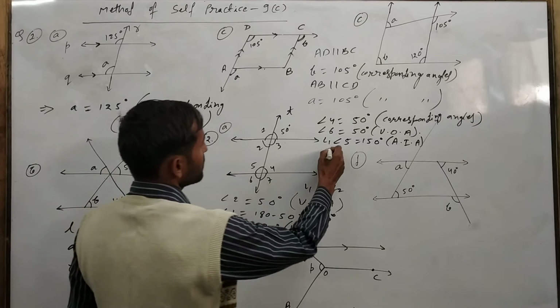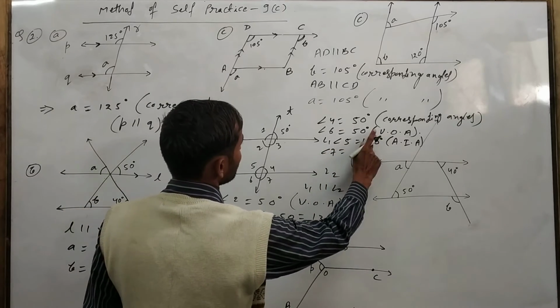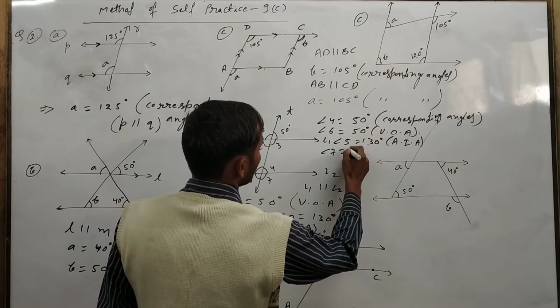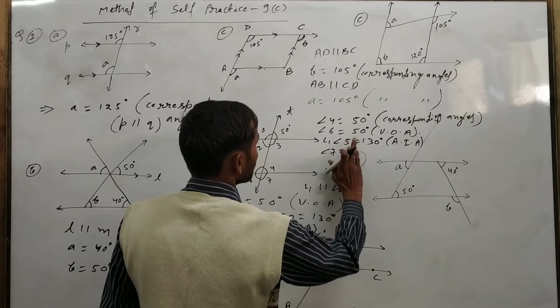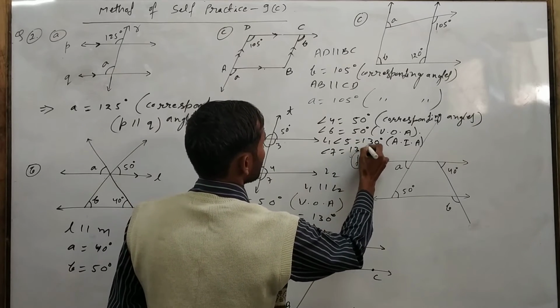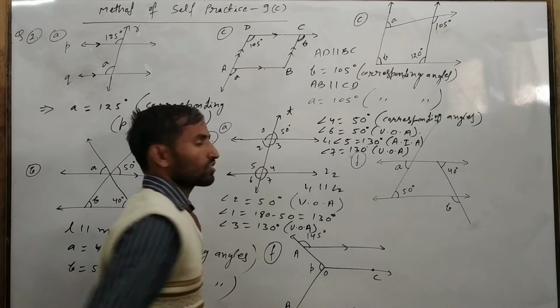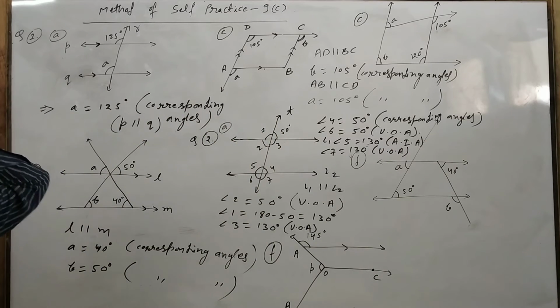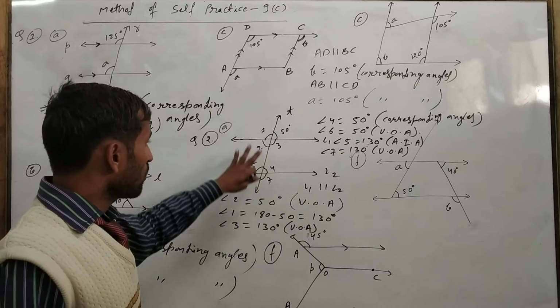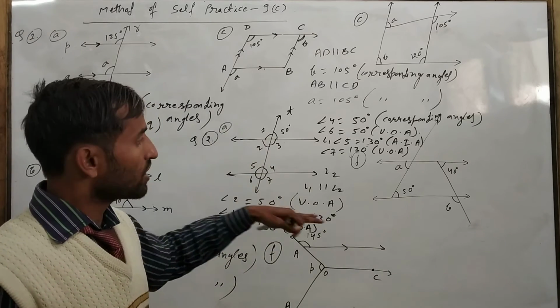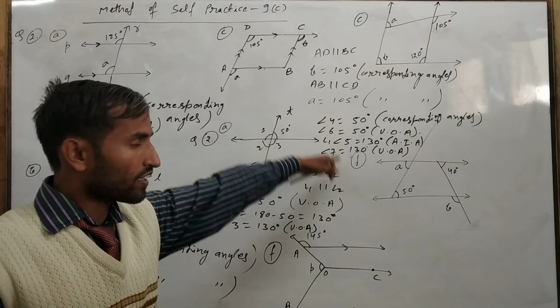So angle 7 is equal to the same 130 degrees. The reason will come same again here, vertically opposite angle. So all the angles we have found. These are the final answers.